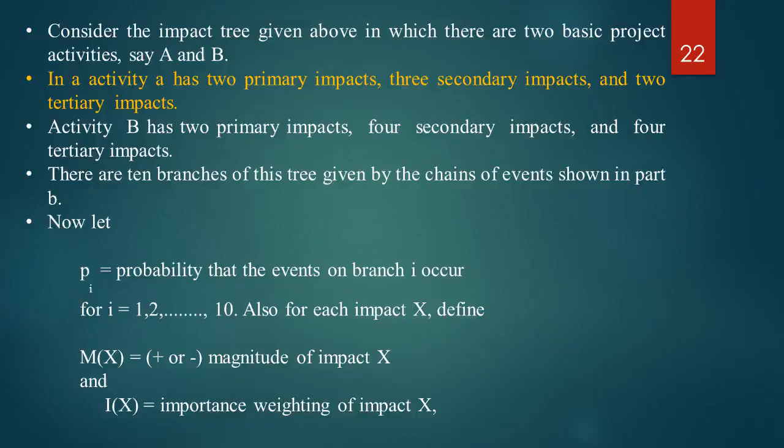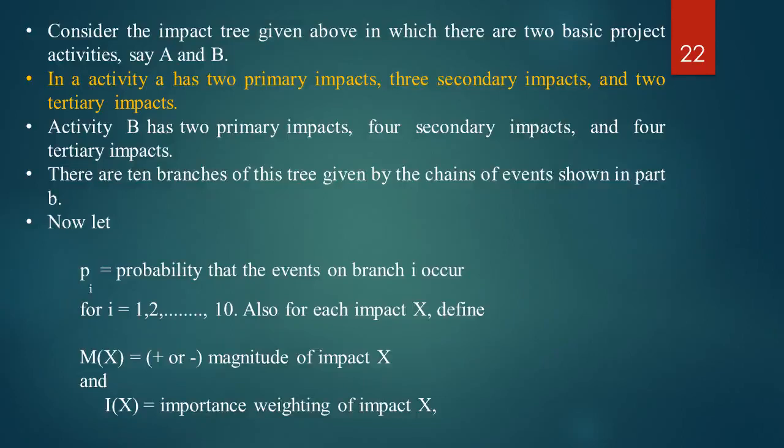Consider the impact tree given above, in which there are two basic project activities, say A and B. Activity A has two primary impacts, three secondary impacts and two tertiary impacts.